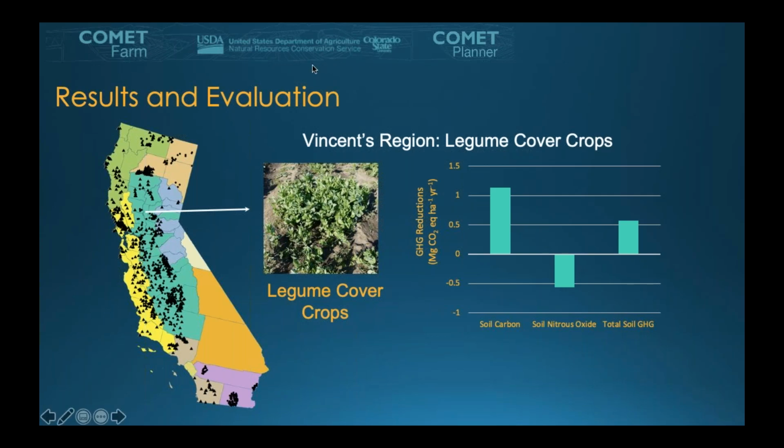And so similar to COMET Farm, these reports are given in CO2 equivalent, so greenhouse gas reductions in metric tons of CO2. But opposite of COMET Farm, a negative reduction in COMET Farm means that you've had an increase in emissions. Positive results here would indicate a reduction in greenhouse gas emissions or carbon sequestration.